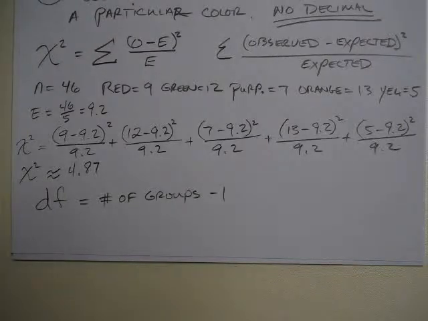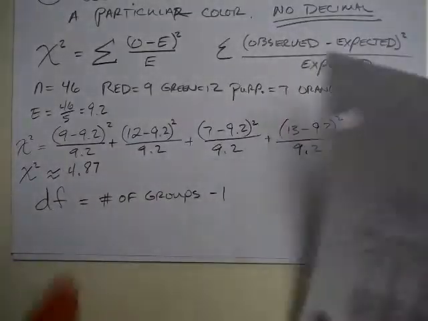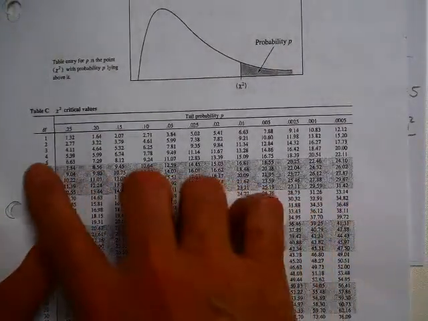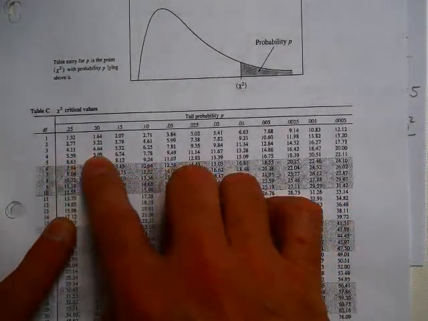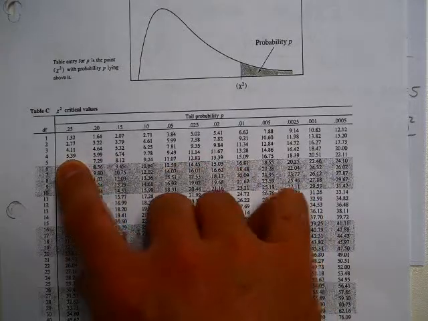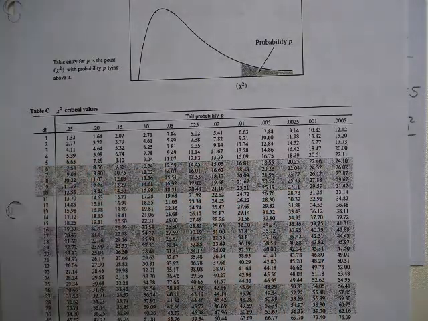And if I could get everybody to look up here real quick so I can show you this table and how it works. It's pretty straightforward. Let's see, I'm looking for 4.87. My degrees of freedom are 4. But I'm not on the table.